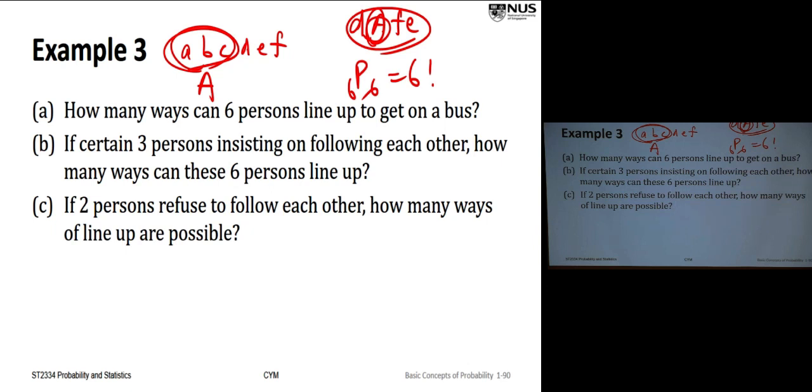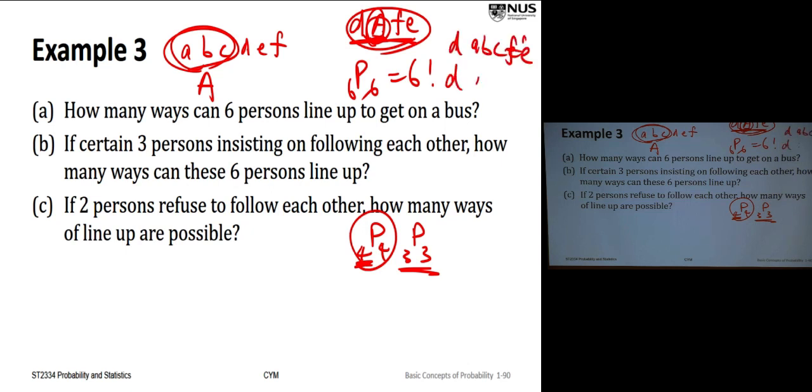All right? So in other words, it will be 4 factorial and then 3 factorial. This 4 refers to this 4 objects. Then for each of the choices here, I have to expand this A into, for example, D, A, B, C, E, F, or D, A, C, B, F, E. All right, all these are A. I just expand it.